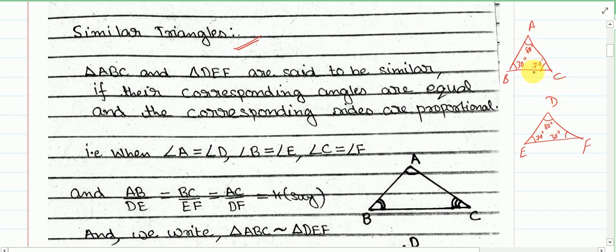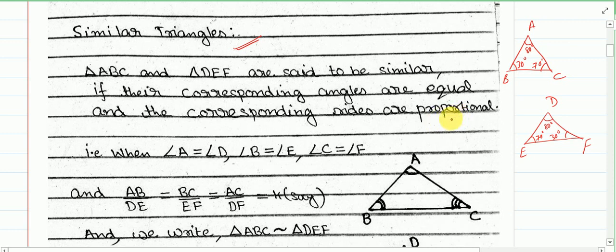But still we cannot say whether they are similar or not, because when do we say two triangles are similar? If their corresponding angles are equal, so corresponding angles 30, 30, 70, 70, 80, 80 are equal, and the corresponding sides are proportional.